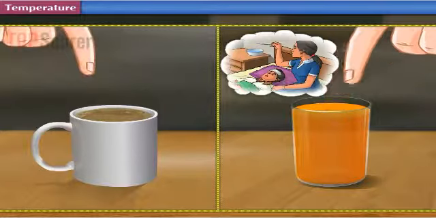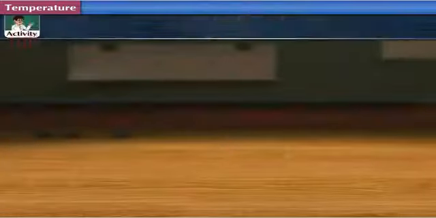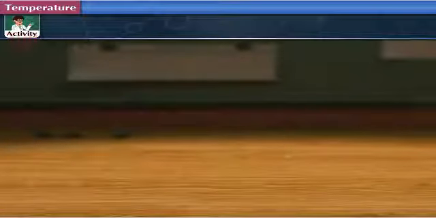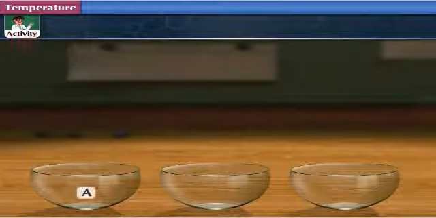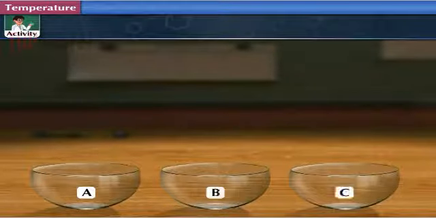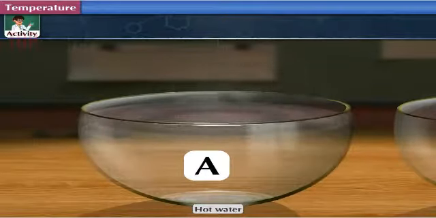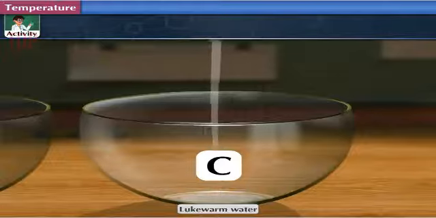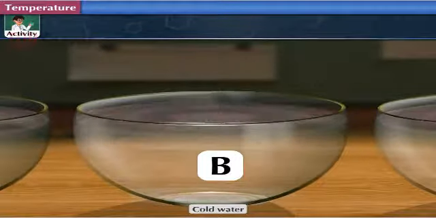Sometimes we may go wrong also. To know more about it, let us do a simple activity to prove this. Let us take 3 balls and mark them as A, B, and C. Now let us take hot water in ball A, lukewarm water in ball C, and cold water in ball B.